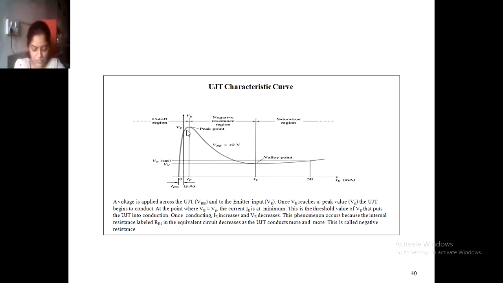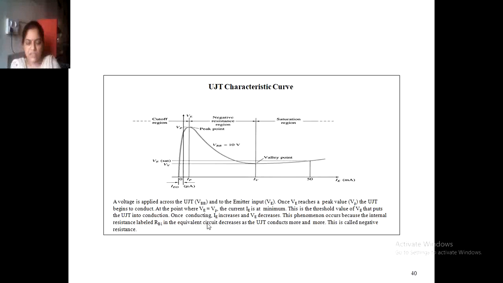At the point where VE is equal to VP, the current IE is at minimum. This is the threshold value of VE that puts the UJT into conduction.